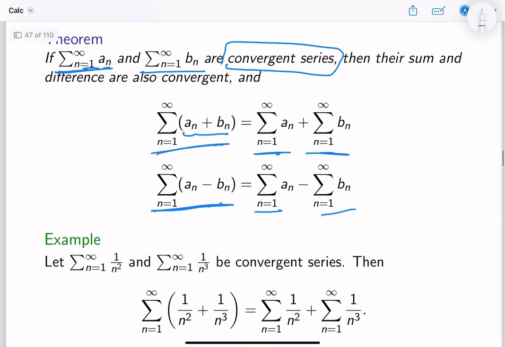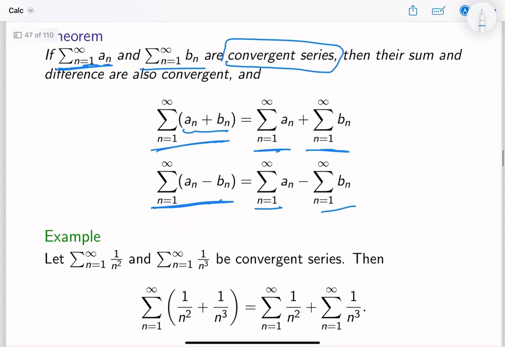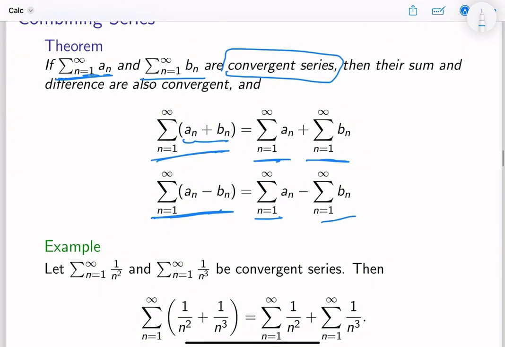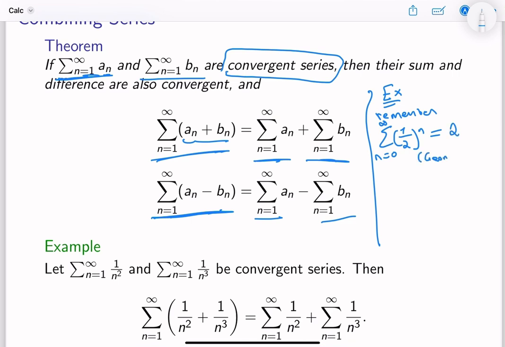I wanted to give this example, but since we haven't covered why these series are convergent, I'm gonna give you a different example here of how to sum series. So remember, the sum of 1 over 2 to the n, as n goes from 0 to infinity, we showed that this is 2 because this is a geometric series, right?